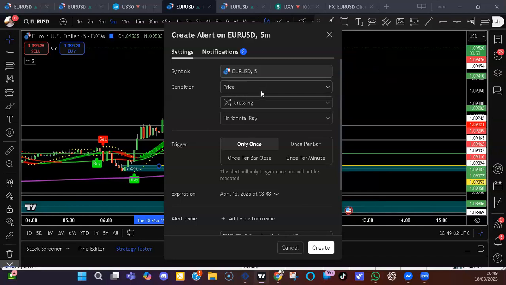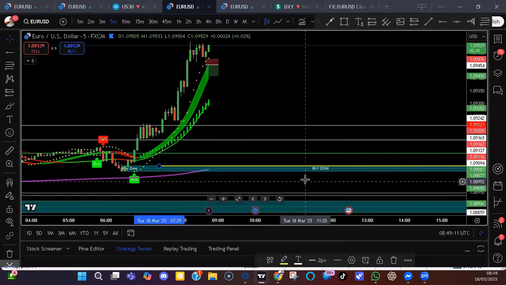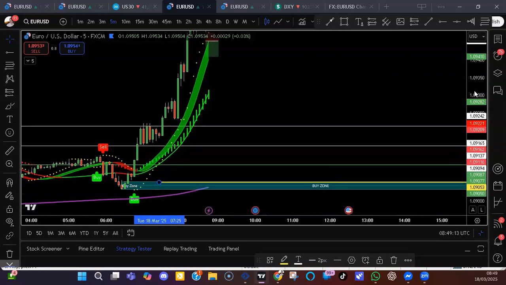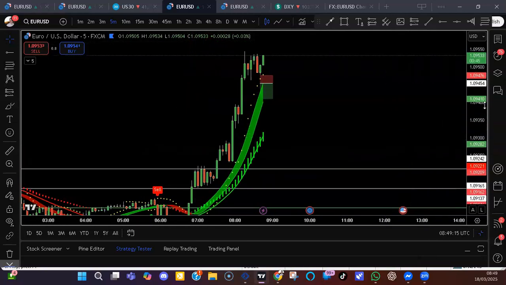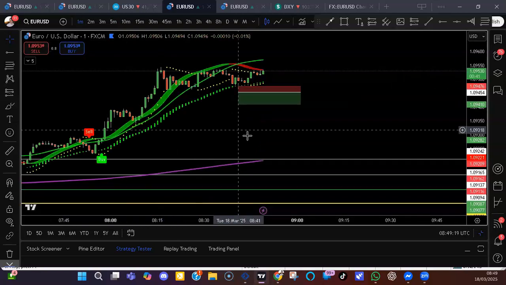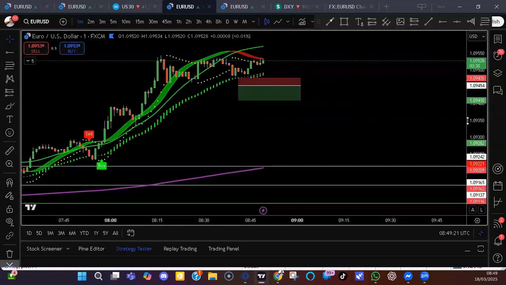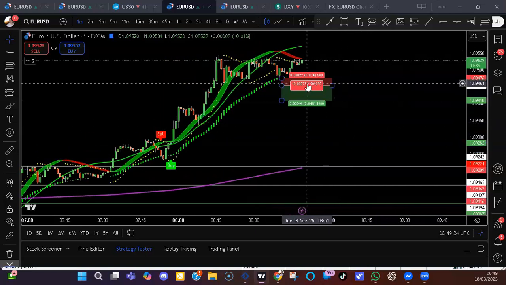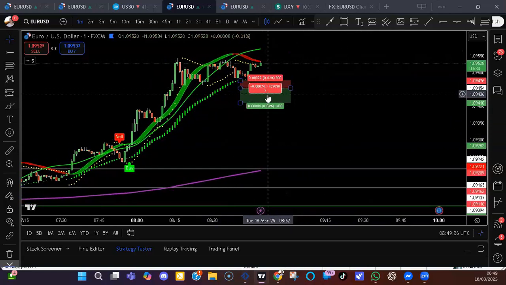So when price crosses that line on the 5 minute time frame, you will be alerted on TradingView, and you'll know to come to the table and assess it by going down to the minute time frame and assessing whether you think it's a trade or not.